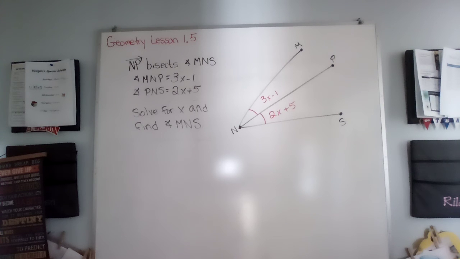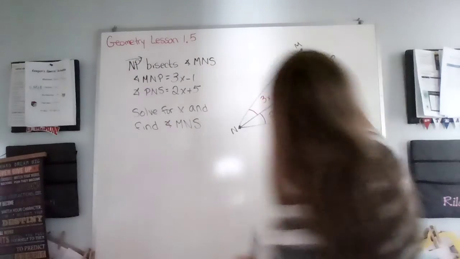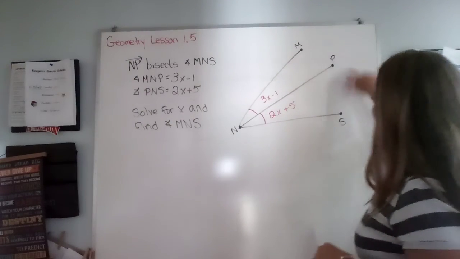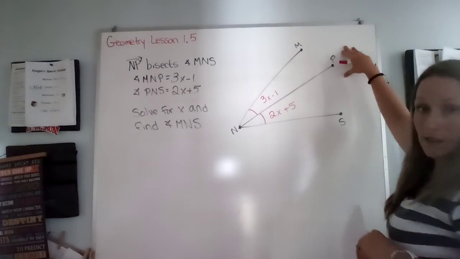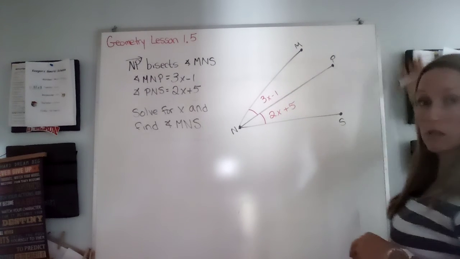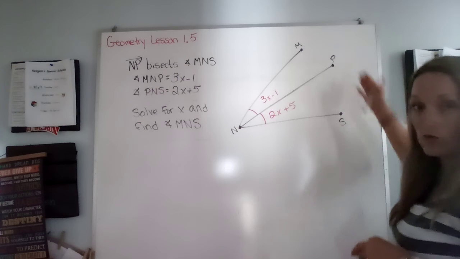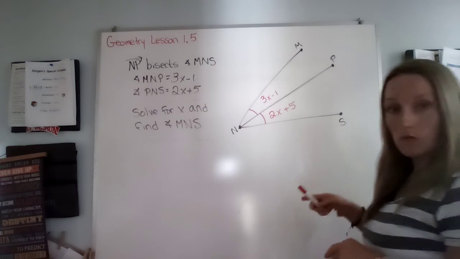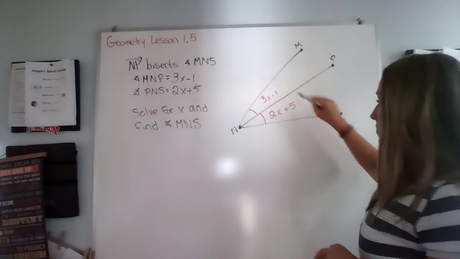Now, be careful. When we use the angle addition postulate, like we did in the last problem, we were given three pieces of information. You were told this angle, and the whole angle. I know nothing about the whole angle, so I can't say that this one plus this one equals something because I don't know what it equals. I don't know the measure of the big angle. But I do know a relationship between these two angles.